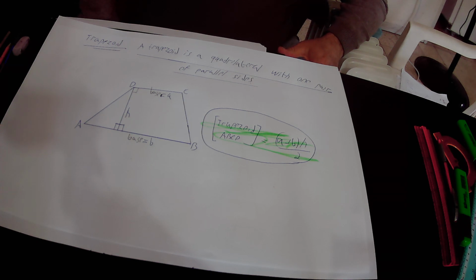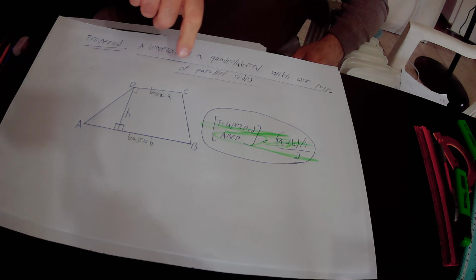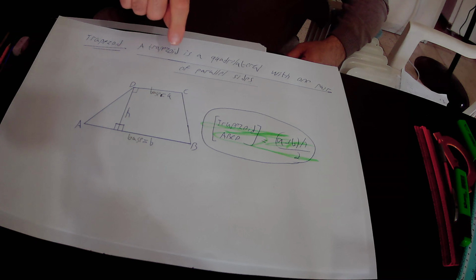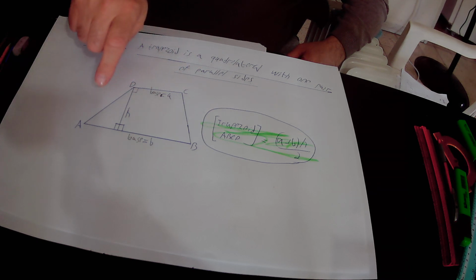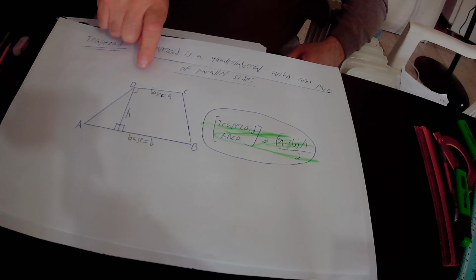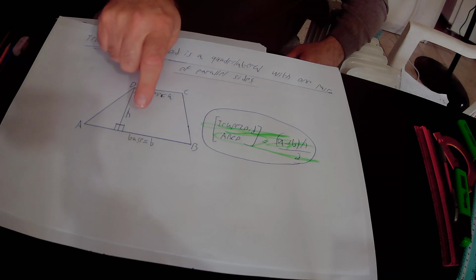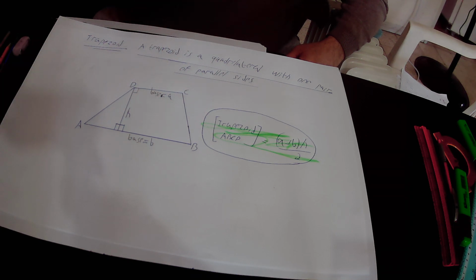So what is the area of this trapezoid ABCD? The two parallel sides are defined as the bases of this trapezoid ABCD. That is to say, side DC is a base of trapezoid ABCD, and side AB is also a base of trapezoid ABCD.